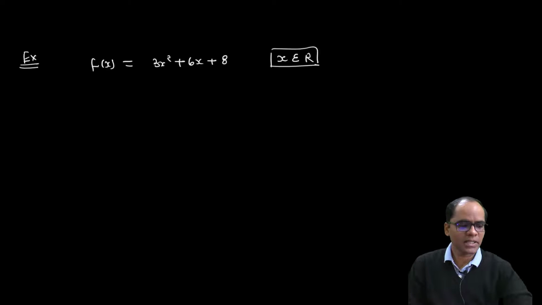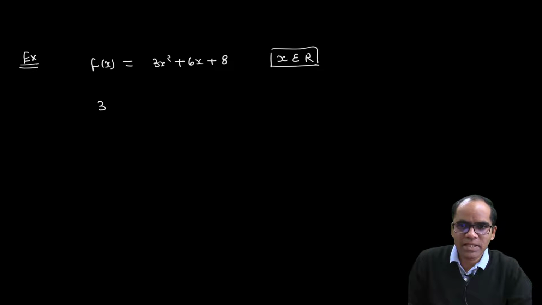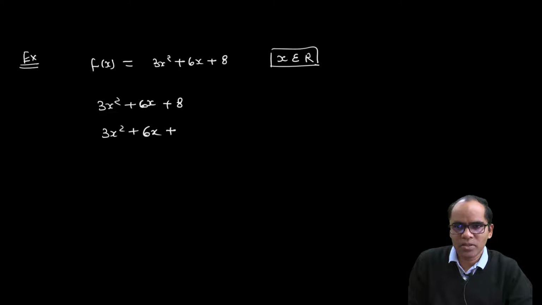So here we can take 3 common. 3x square plus 6x plus 8, we can write this 8 as 3 plus 5. 3 plus 5 is 8.